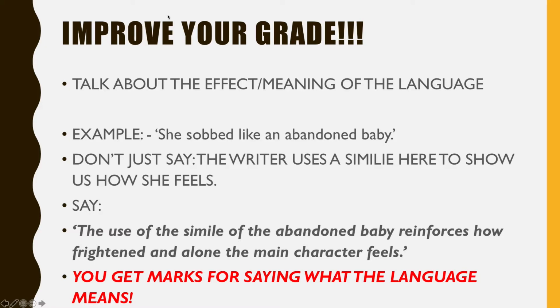Instead do say, "The use of the simile of the abandoned baby reinforces how frightened and alone the main character feels." The marks are for saying what the language means, not for just identifying what language feature is used. In fact, if you took out the word simile and said the use of the image of the abandoned baby, you'd still get a good mark there, because it's what the language means which is important, not that he uses a simile.